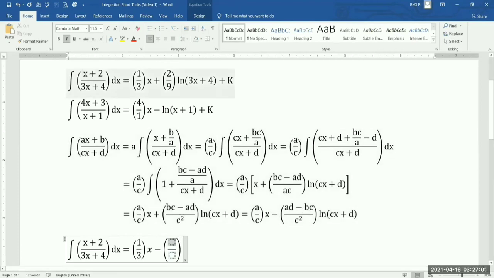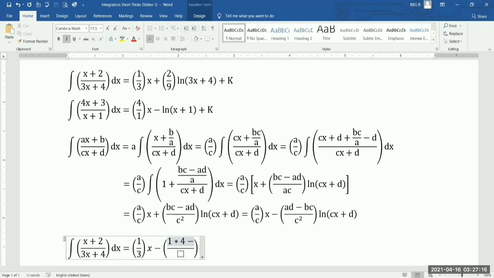So a is the coefficient of x in the numerator and d is the constant term in the denominator, so we cross multiply: 1 into 4 minus 2 into 3, upon c squared. What is c squared? The coefficient of x in the denominator squared. And then ln of the whole denominator, 3x + 4.